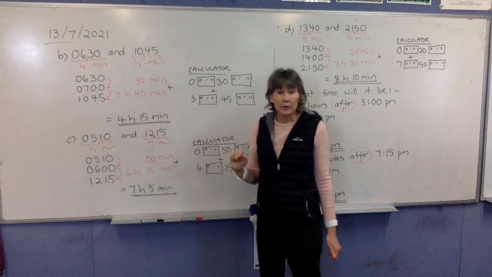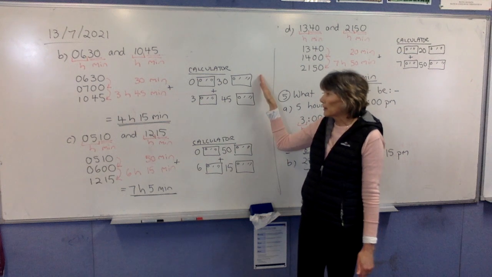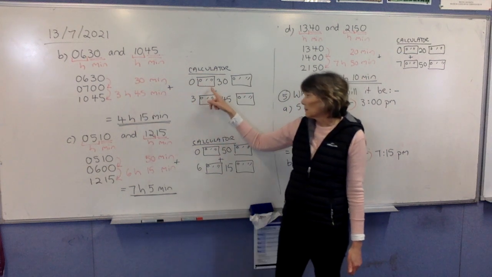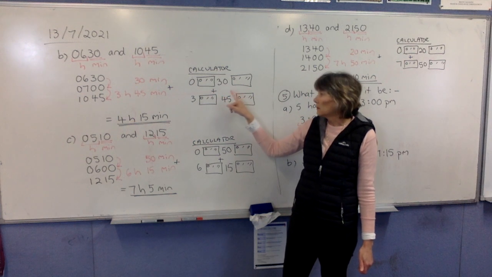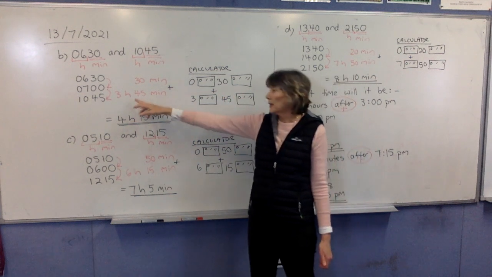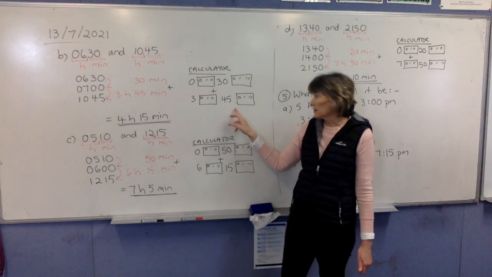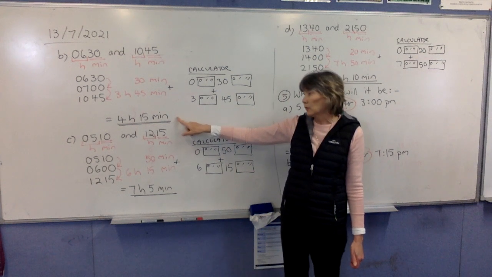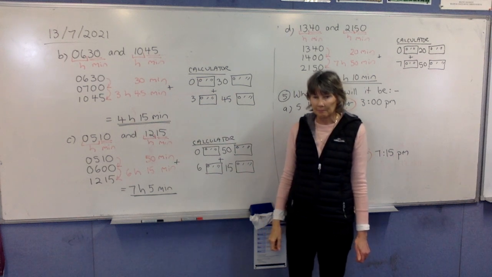Now we're just going to add those times up like we've done before with our calculator. 0 hours, 30 minutes, put it in your calculator, plus 3 hours, 45 minutes, put it in your calculator, and you'll get your answer of 4 hours and 15 minutes.